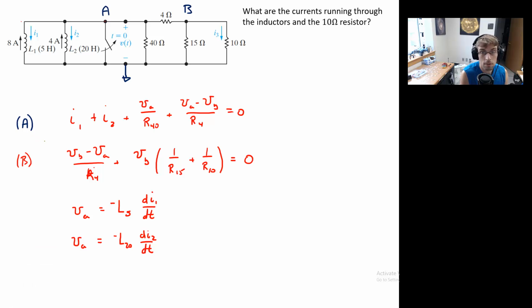Now note, before we go through and start solving, unfortunately, in these equations we have variables, but we also have time derivatives. That means that this equation is not a linear equation anymore. The relationship between a time derivative and the actual variable is not a linear relationship.